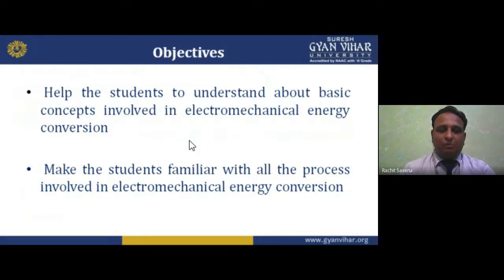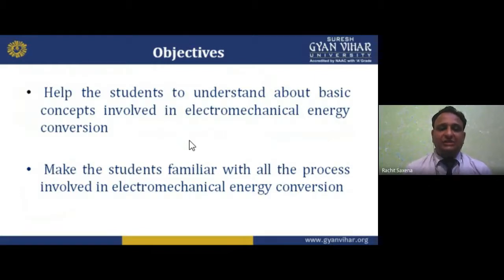My objective of this lecture is to help the student understand the basic concepts involved in electromagnetic energy conversion, basically how electromagnetic conversion takes place, how electrical to mechanical and mechanical to electrical energy is converted.